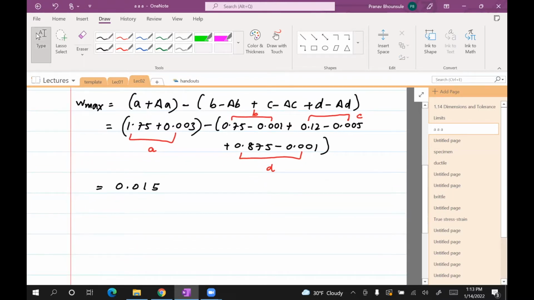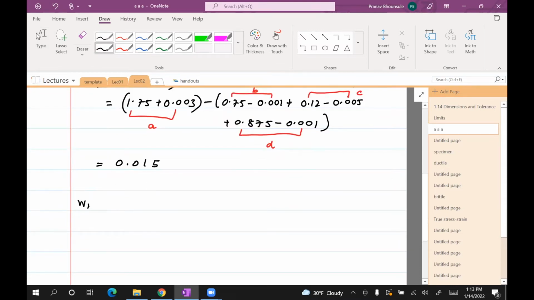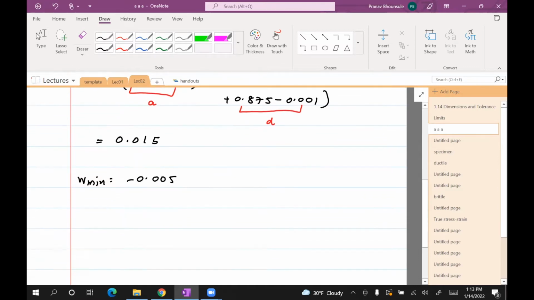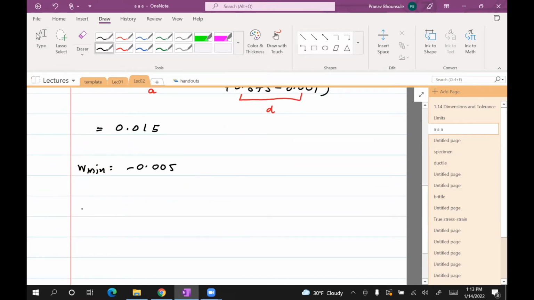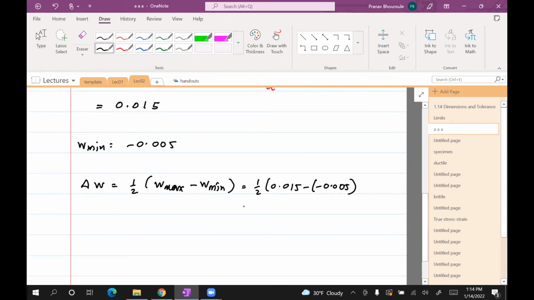Okay, so we found the min and we found the max. So W min, as you saw, was minus 0.005. And so we need to find now the tolerance, which is delta W. So the tolerance is going to be simply half of the max minus min, and that comes out to be half of 0.015 minus 0.005, and so that is 0.01.